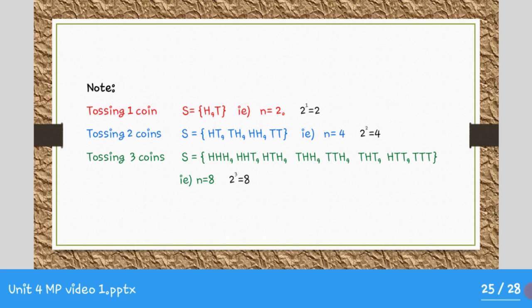That is, the total number of exhaustive cases is 4. Here we denote 2 power 2, that is equal to 4. Tossing 3 coins, we get the sample outcomes head head head, head head tail, head tail head, tail head head, tail tail head, tail head tail, head tail tail, tail tail tail. Our exhaustive events n equal to 8. Here 2 power 3 means 2 faces, 3 coins tossed. We get 8 outcomes.